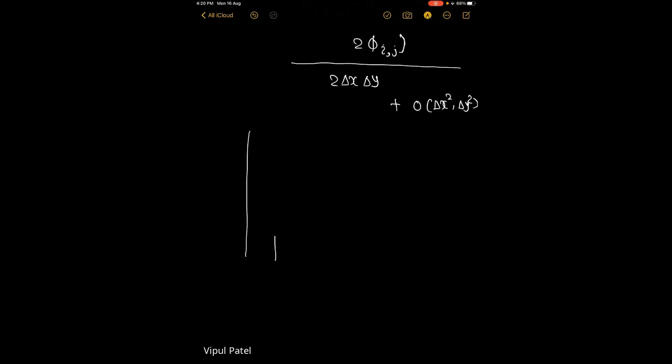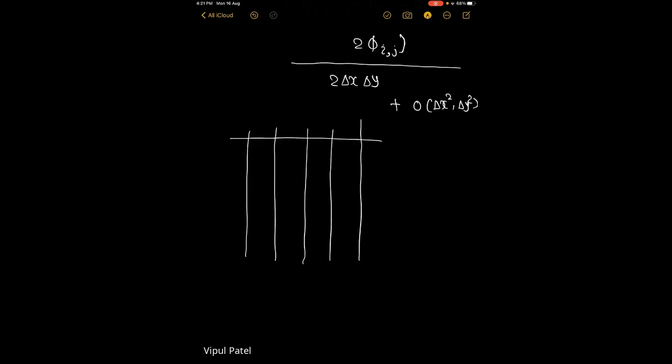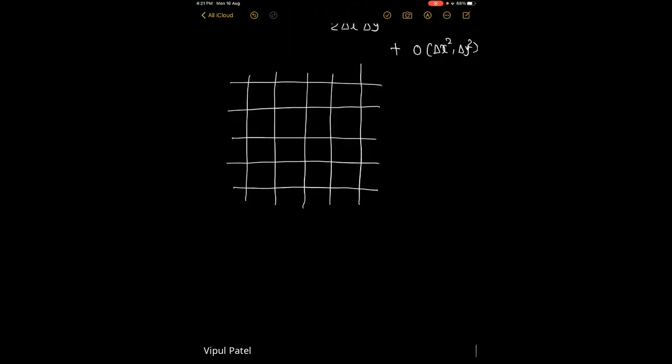So 1, 2, 3, 4, and 5, and similarly here we will have 1, 2, 3, 4, and 5. Let us give names to all these lines. So this is ij, and obviously I plus 1, I plus 2, I minus 1, I minus 2, and j plus 1, j plus 2, j minus 1, and j minus 2. So we are at present talking about this particular node.